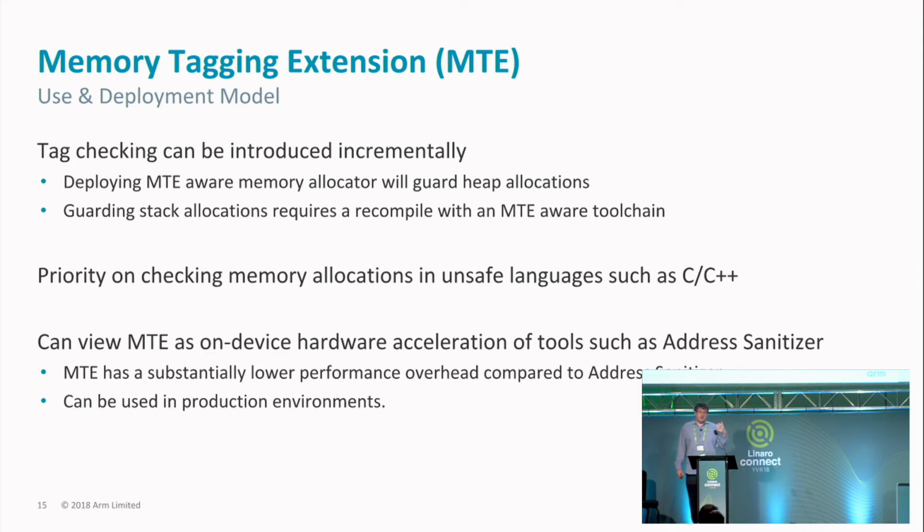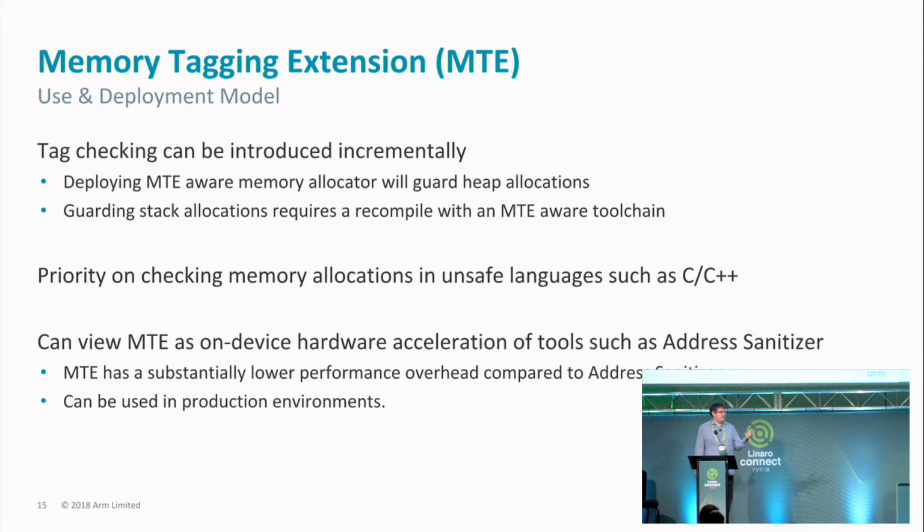If you talk to various people doing large-scale software development, they could say they'll run address sanitizer on their code base and their systems, and they'll be finding bugs every week. And this helps us find those bugs quicker because address sanitizer is very difficult to deploy in the field.